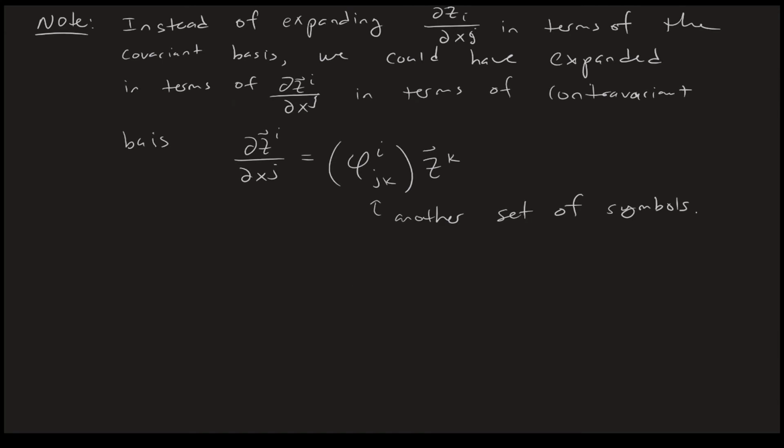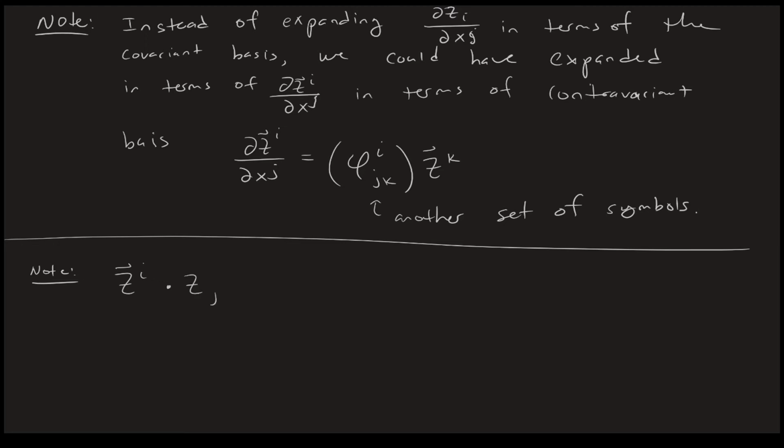Okay. Another thing I want to note is that z i up dotted with z j down equals delta i j. And why is that? So why is that true?